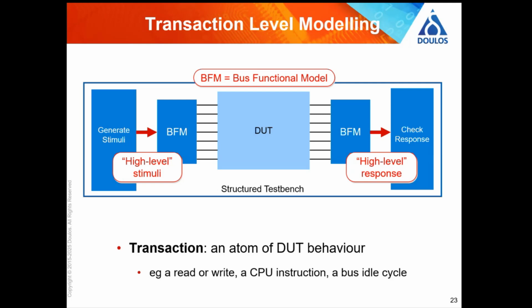And the BFM on the right is doing the opposite. So you might call that a monitor. So it's monitoring the outputs of the DUT and translating them back to some abstract representation of the same thing. And why? Well, one thing you certainly might want to do is check that the transaction is correct.